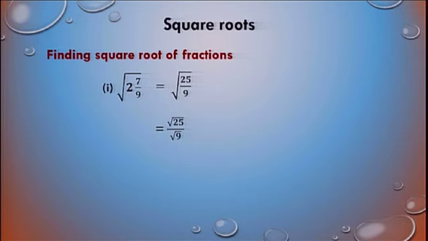It is equal to square root of 25 over square root of 9. Square root of 25 is 5, square root of 9 is 3. The answer is 5 over 3. But have a habit of always giving your answer in mixed number. Try to avoid giving your final answer as an improper fraction. So here, 5 over 3 equal to 1 and 2 over 3.